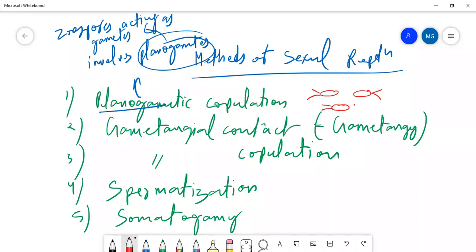They will attach, they will conjugate, and finally zygote formation will take place. The zygote is 2N, flagella are shed, and finally we get a zygote. So structurally these two gametes are similar, but physiologically they differ.